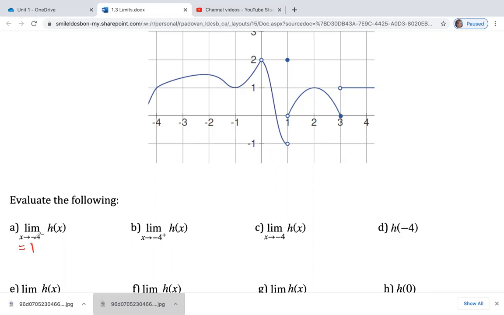Okay, so let's say my limit as x is approaching negative 4. I'm approaching the same value, but from the right-hand side, right? So from the right-hand side, as I'm getting closer and closer to negative 4, I'm also getting close to a y value of 1.